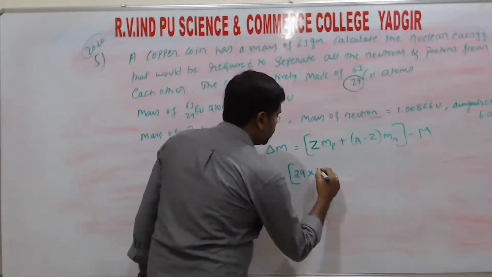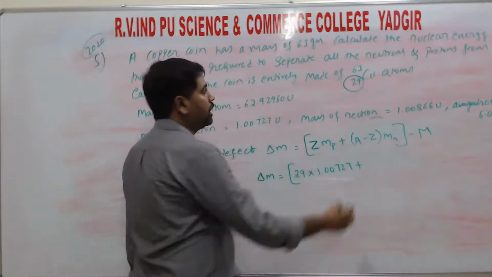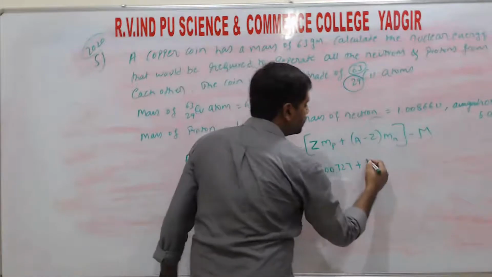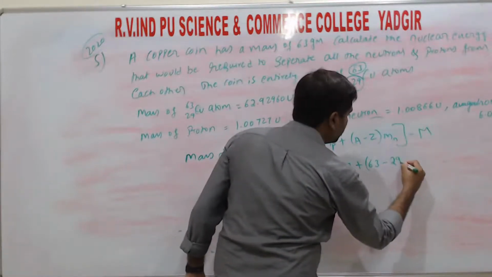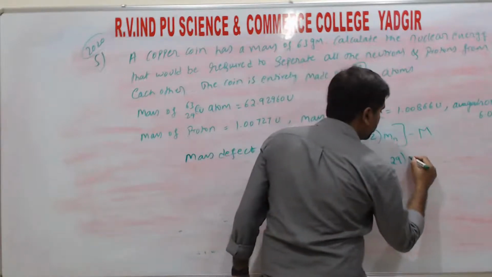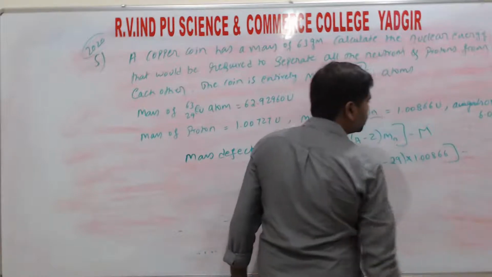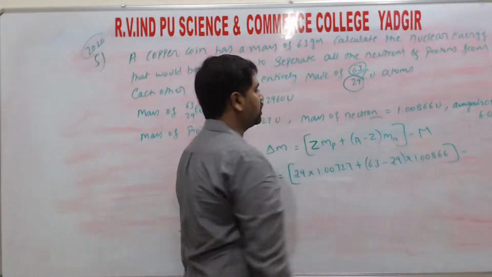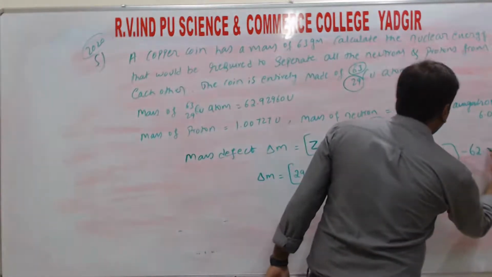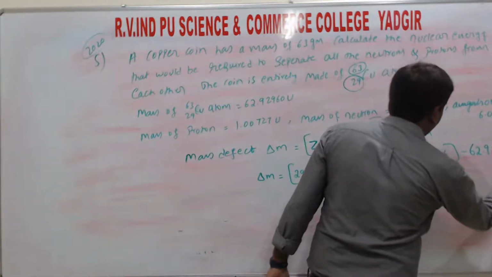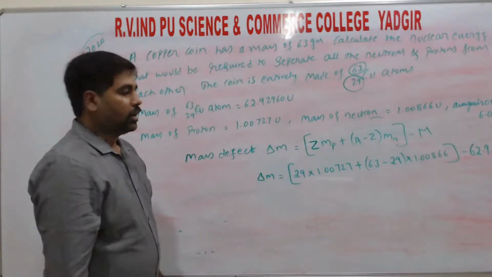So delta M is equals to Z value 29 into mass of the protons, that is 1.00727, plus here A value is how much? That is 63. 63 minus Z value 29, right? So mass of the neutron is 1.00866, minus the rest mass M that they gave, 62.92960 u, right?